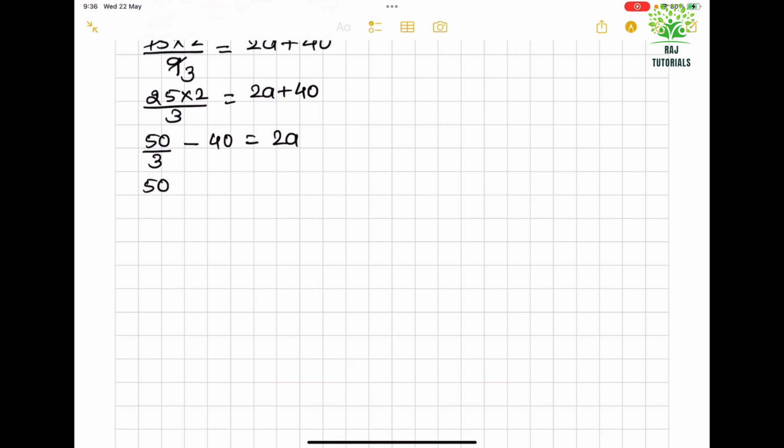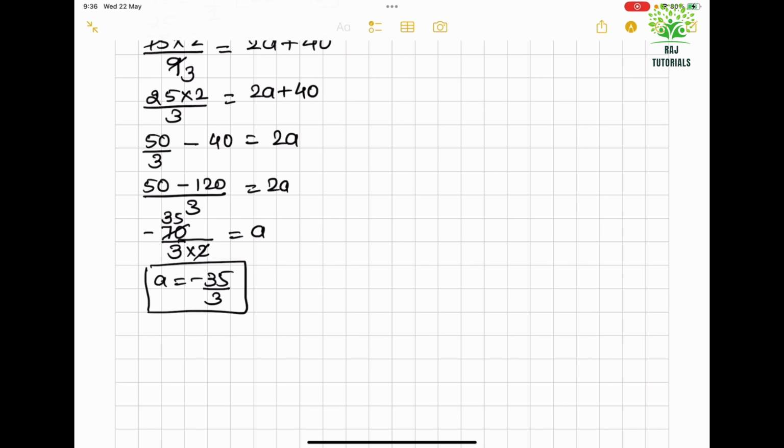So 50 minus 120 divided by 3 equal to 2a. So minus 70 upon 3 into 2 divided by 2 equal to a. So a equal to minus 35 by 3.